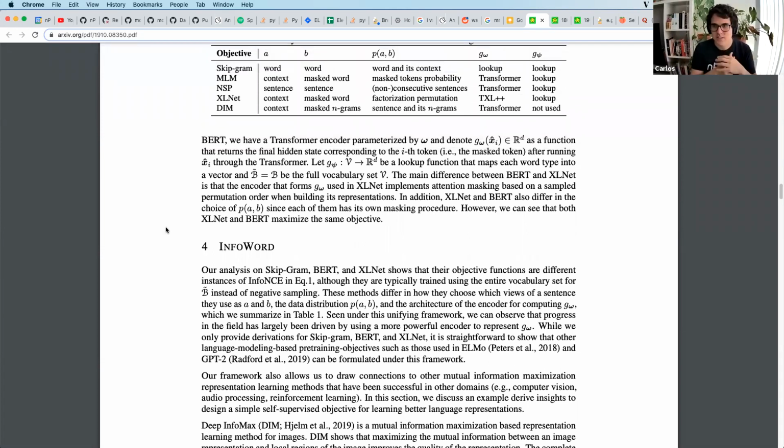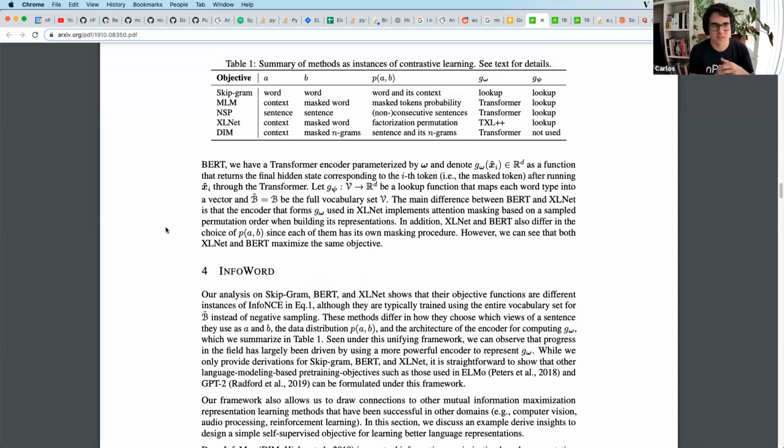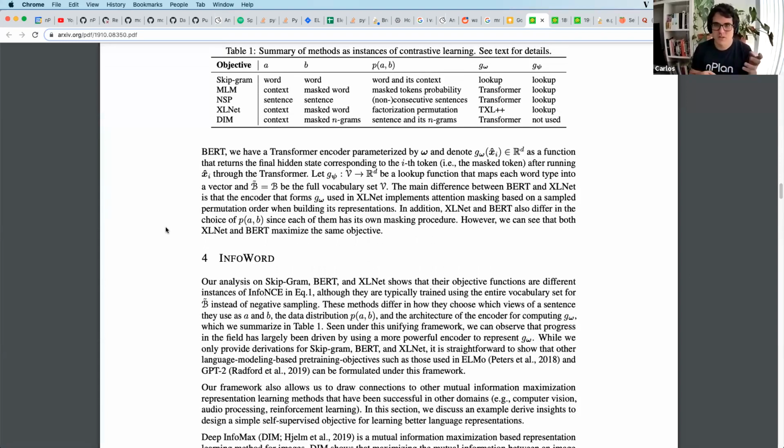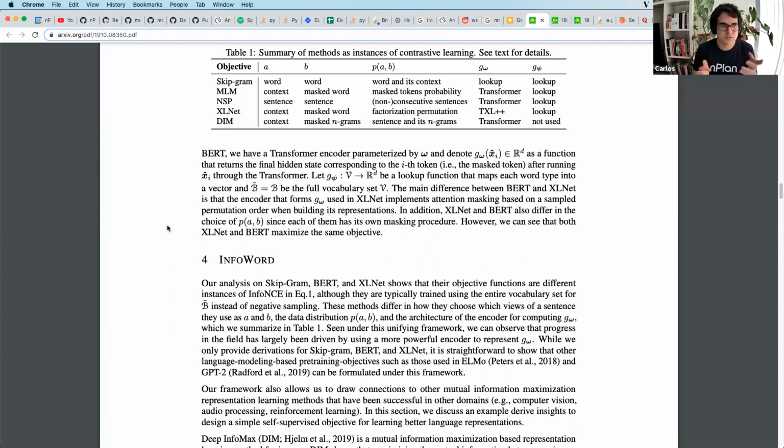So we usually ask, how would this impact my current workflows? If you're using a transformer-based model like BERT, you would use this table to say, I define my GW as the transformer, and then G5 as the lookup, and so on.